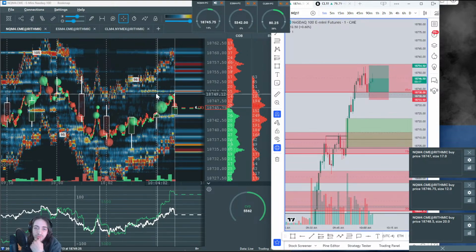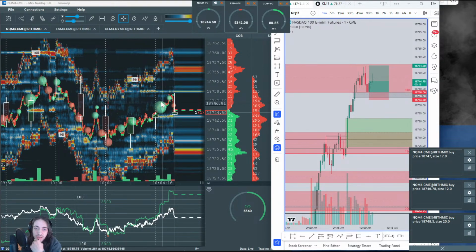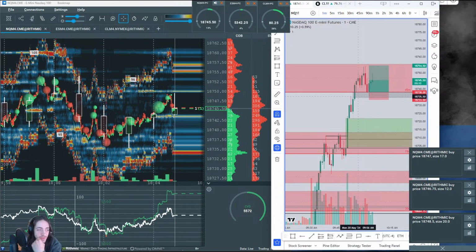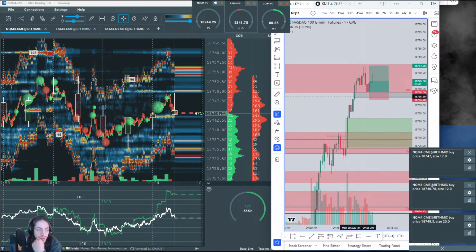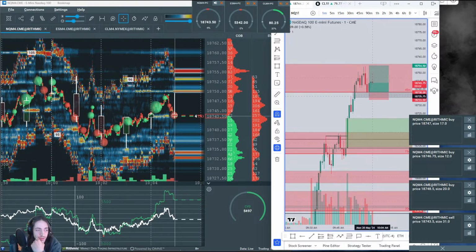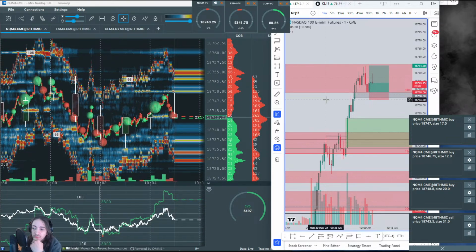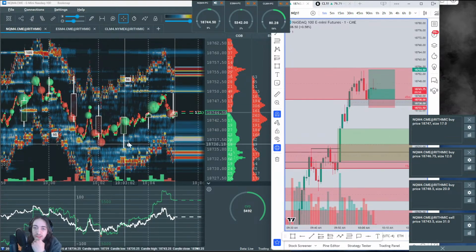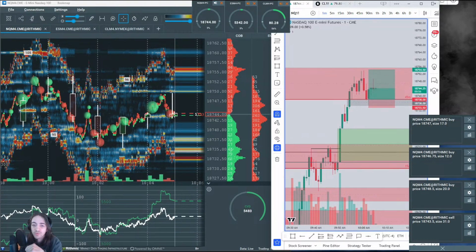I don't see any reason we should pull back here on the Bookmap. So I'm hoping this is just a fake out pullback before we continue. Although the 1 minute candle sort of telling me bearish. Oh no, maybe. Yeah, not a fan of that 1 minute right there. We're gonna wait.